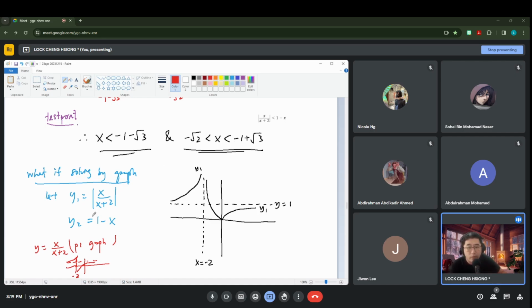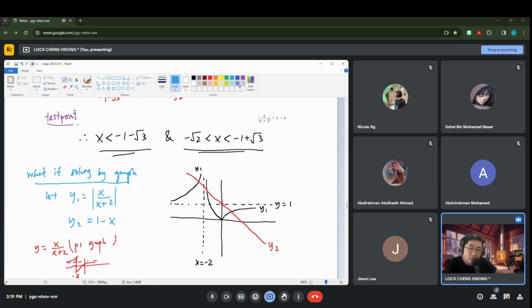Then what about your y2? 1 minus... Drawing not so nice. Okay, this is my y2.